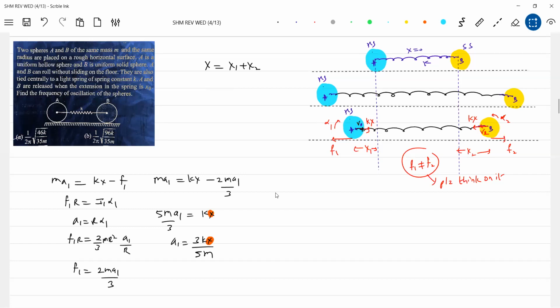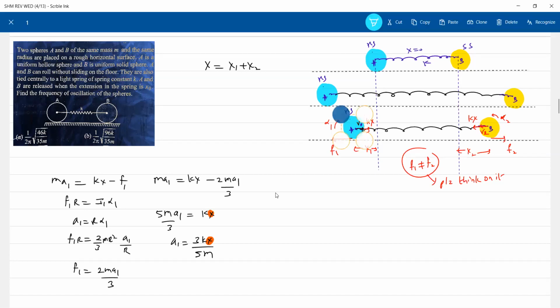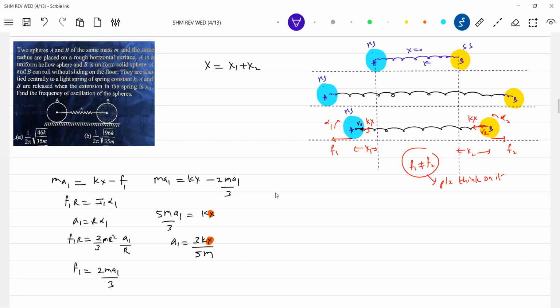So then both are unknown. How to bring that one? I'll go for conservation of angular momentum, about any point. Let me go for conservation of angular momentum: L about P1 initial equals L about P1 final.